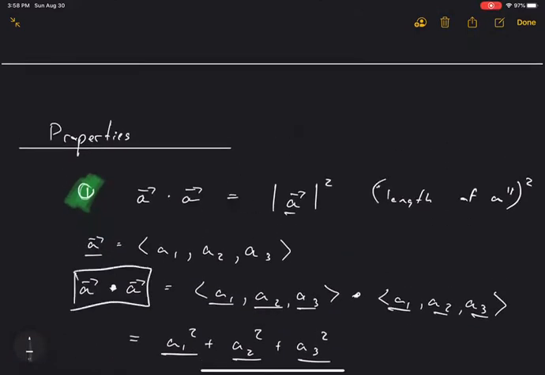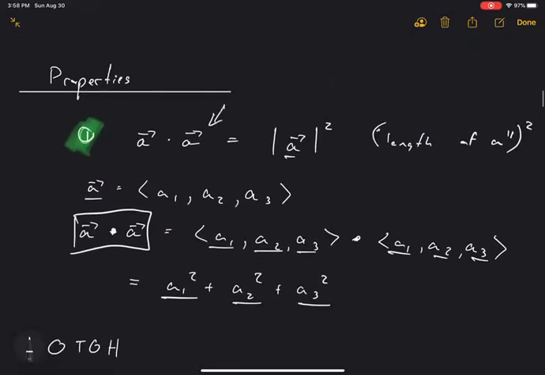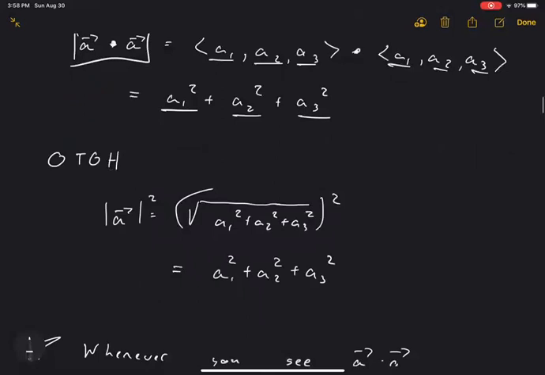Okay. Now we've shown what this is. Now let's try the other side. Let's figure out what this is and compare the two quantities. So let's look at the magnitude or the length of A squared. Well, remember what the length of A is, right? The length of A is given by this distance formula.